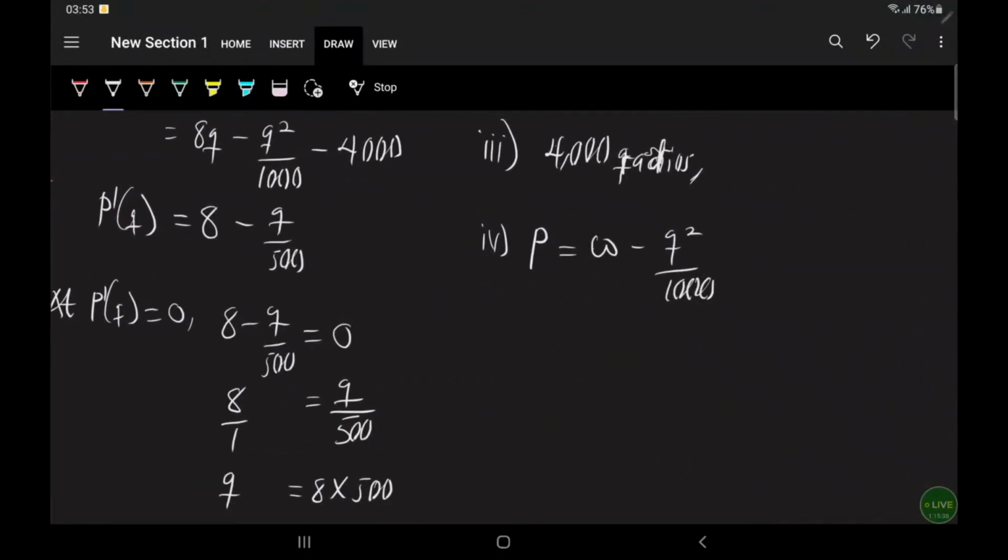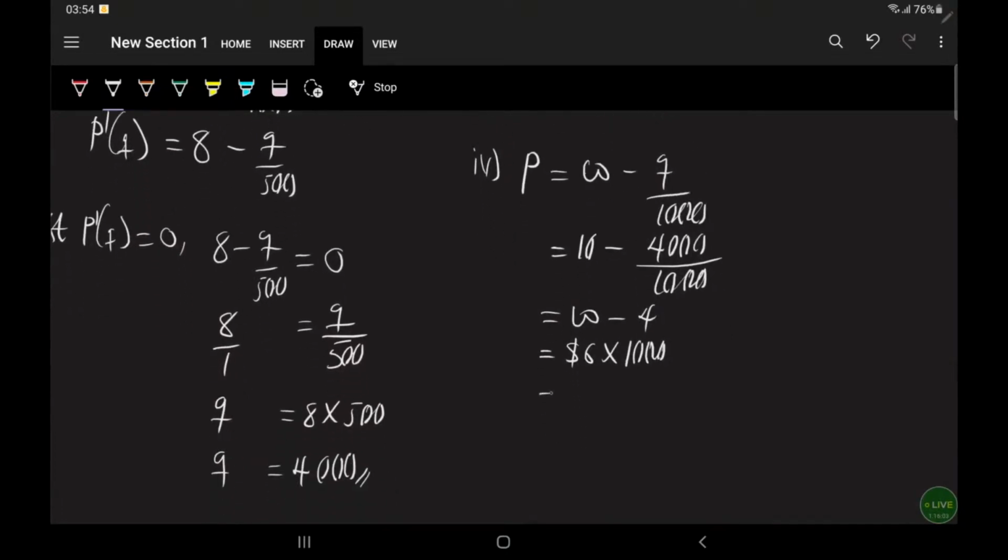So 10 minus Q over 1,000. All that you need to do is to substitute the production level of 4,000. So it's going to be 10 minus 4,000 over 1,000. Is that okay? So it's going to be 10 minus 4, and they're going to arrive at $6. Remember, we're operating in thousands. So just multiply, you're going to get $6,000.